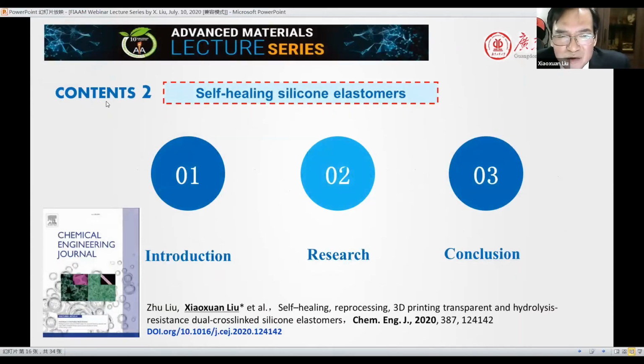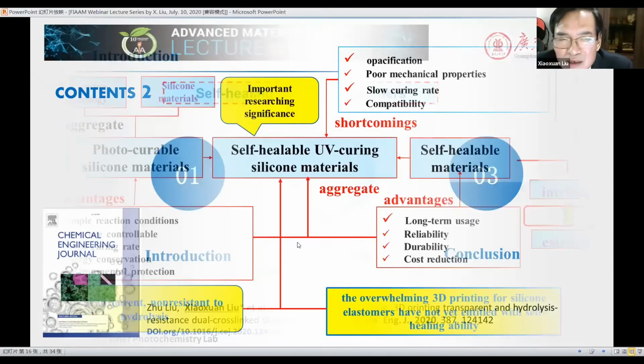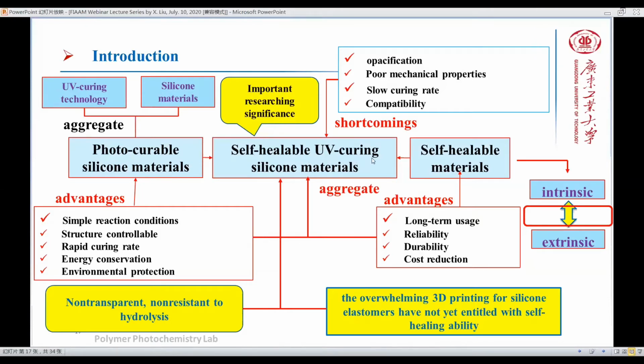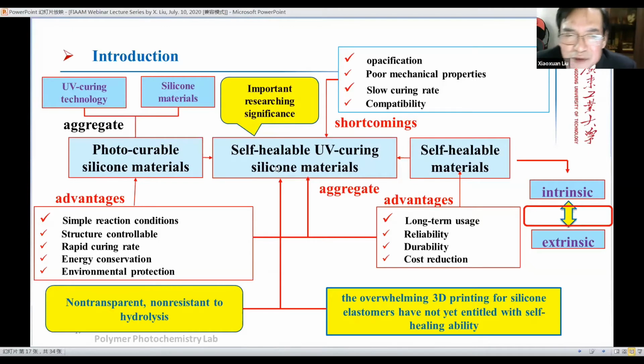Next is the contents of part two: self-healing silicone elastomer. This paper was just published in the Chemical Engineering Journal, 2020. We have prepared photo-curable silicone materials and self-healable UV-curing silicone materials.